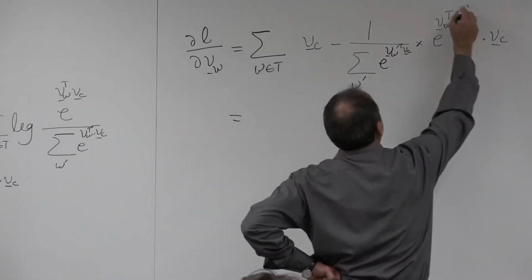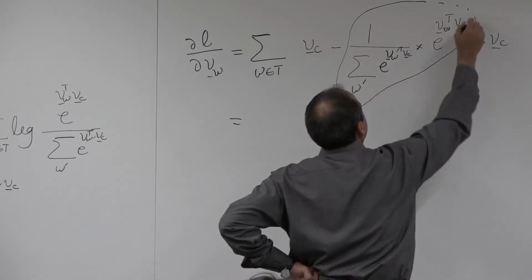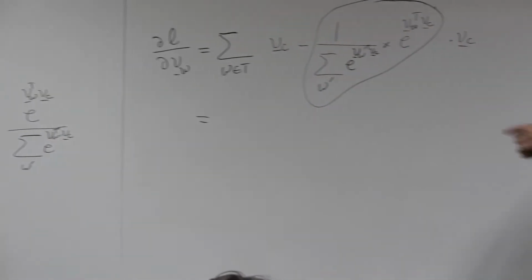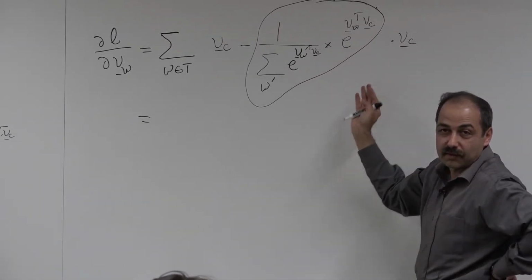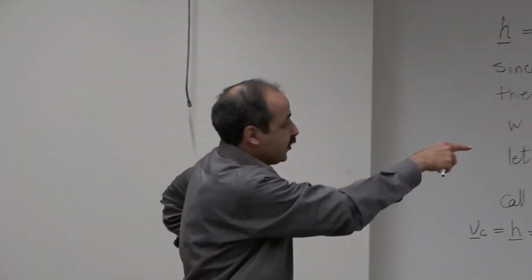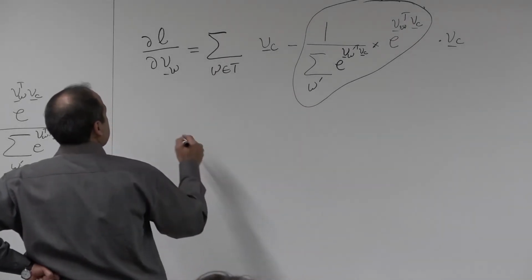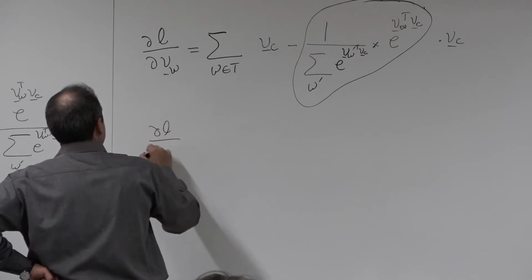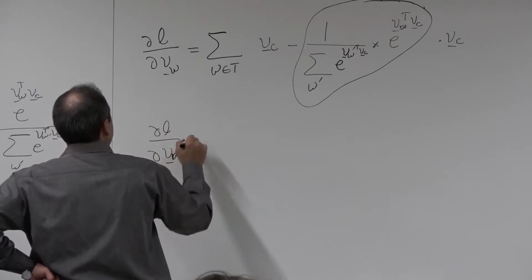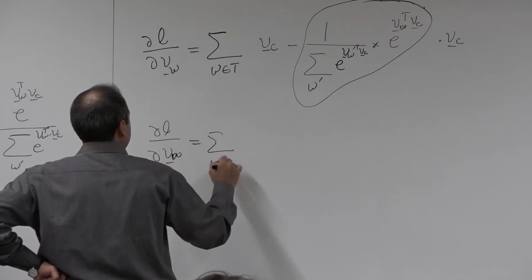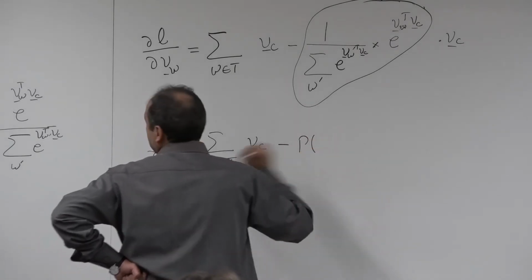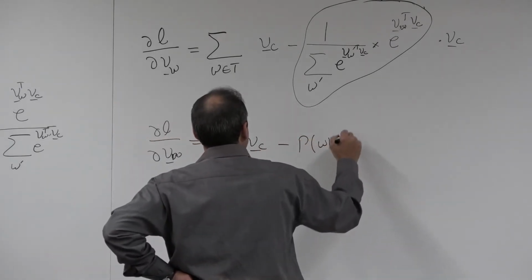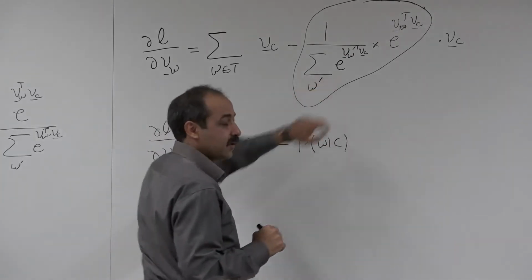Now look at this quantity. It's a familiar quantity, right? e to the power of Vw transpose Vc divided by the summation over all. This is the softmax, or this probability, right? So basically, the derivative of log likelihood with respect to Vw is going to be summation over all W of Vc minus, this is the probability of W given C, this quantity, times Vc.